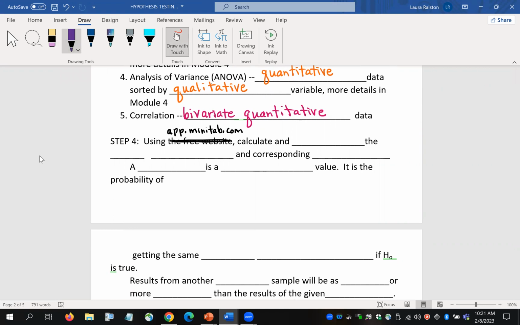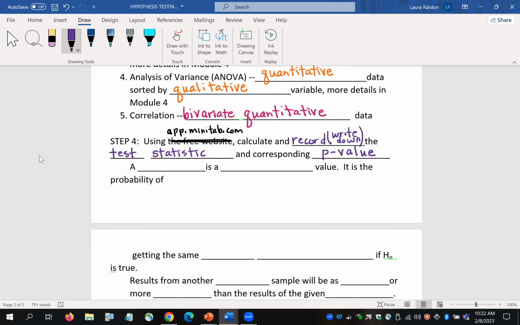Using Minitab, we will calculate and record, which again means to write it down, the test statistic and corresponding p-value. And we're going to talk about what a p-value is in just a minute.